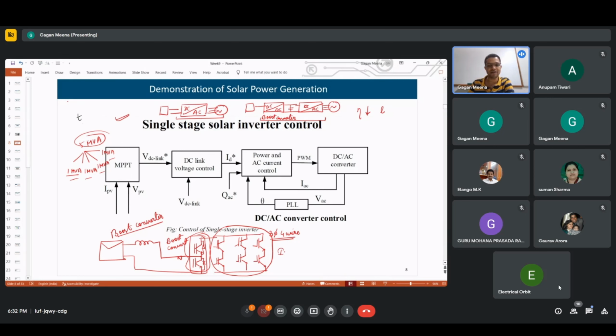Do you remember? One is PHIL and one is CHIL. PHIL is called power hardware in loop. For this we need power amplifiers.